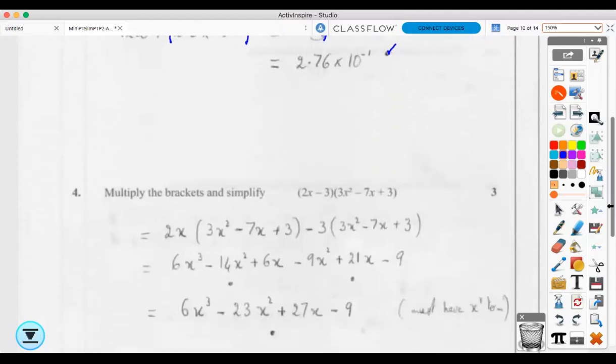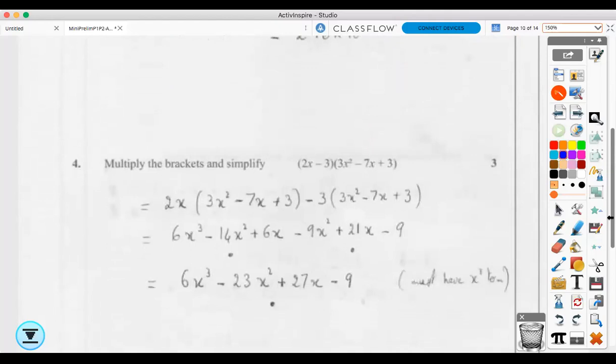Now the next one. So how do we do this? What I tend to do is 2x times this, then 2x times this, then 2x times this, and then 2x times the last one. So that's 3 parameters, and then -3.